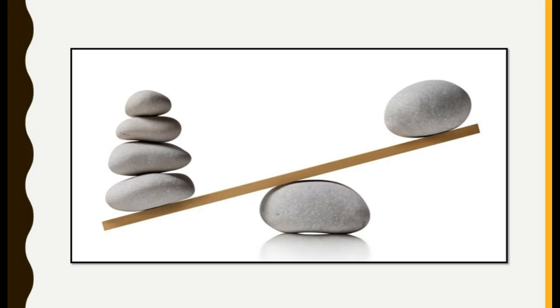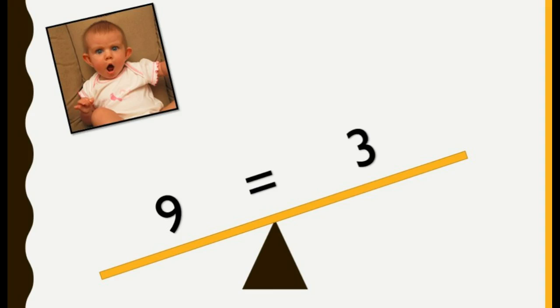So this is obviously tilting in one direction because this side is heavier or larger. And what this is showing is an inequality. And that's when you're going to be using signs like greater than or less than. Okay?